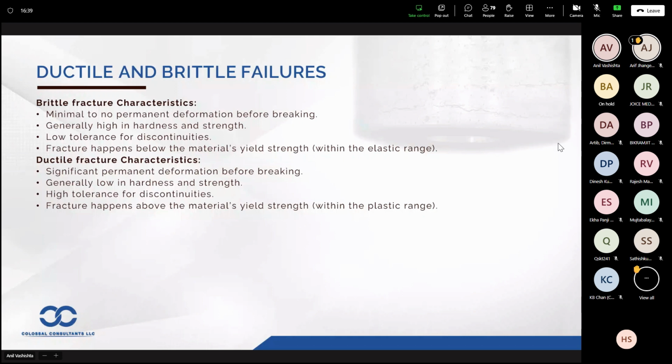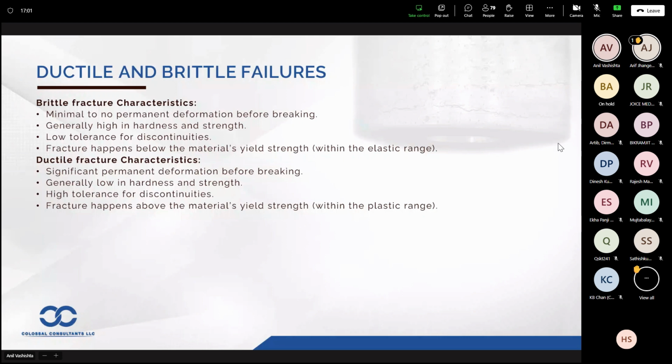Then over a period of time, these changes lead to the formation of small cracks which grow with continued cycling. The third step is the fatigue fracture propagates from high stresses with fewer cycles or low stresses with many cycles. And finally, it results in the fracture of the component.